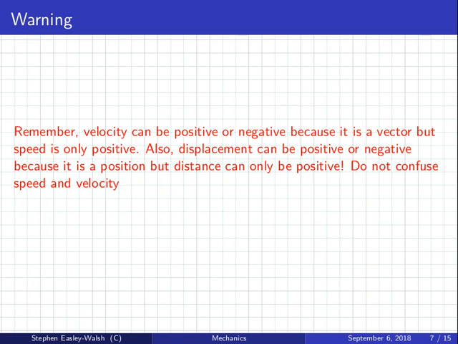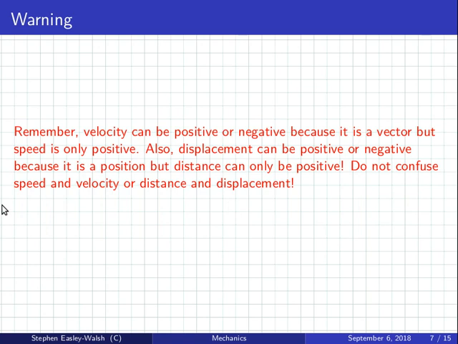Do not confuse speed and velocity or distance and displacement. This is important because I put it in red with the word warning on the top. So just be careful about this. You obviously don't need to write every single word. The key point here is do not confuse speed and velocity or distance and displacement.